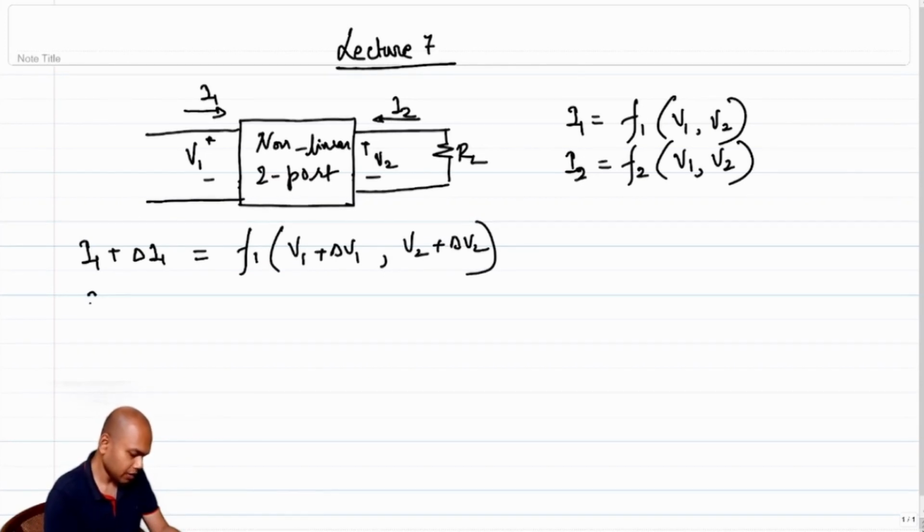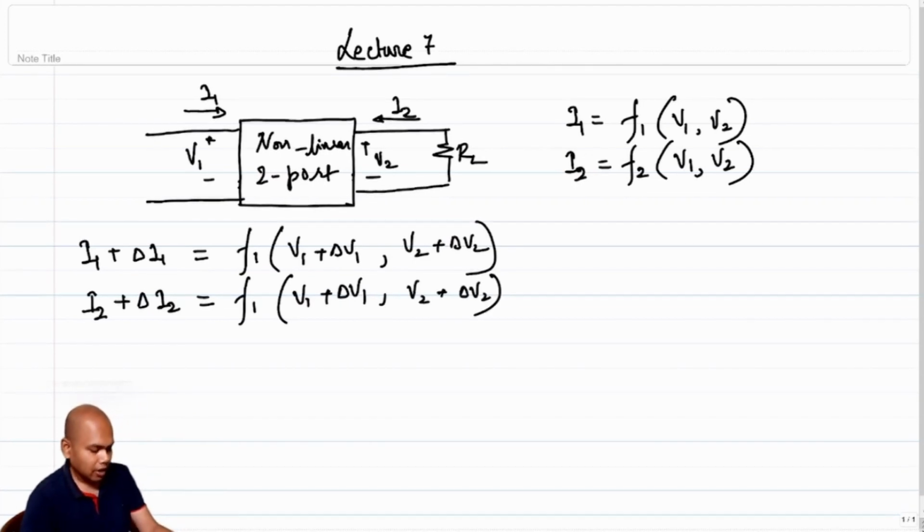Similarly, the output current at port 2 can also be represented like this.